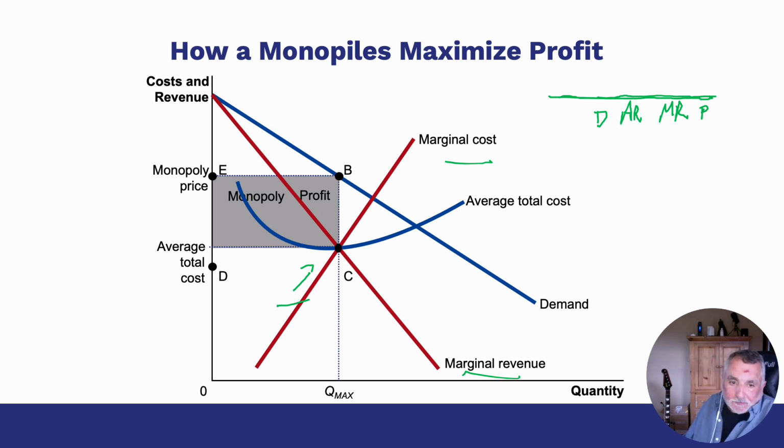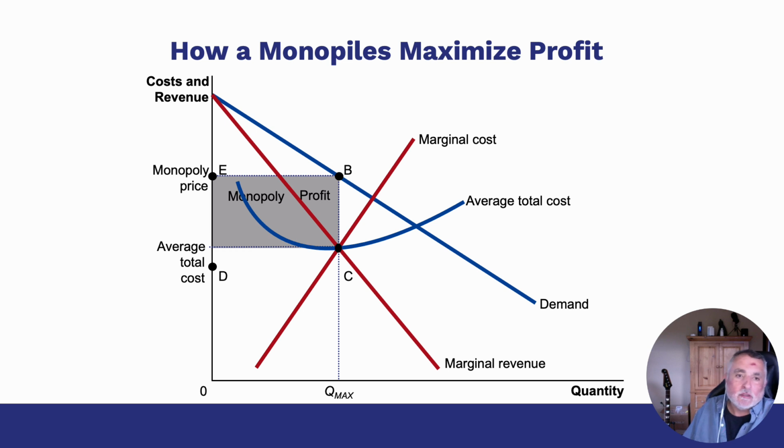All right, so that being said, they produce up to where marginal revenue and marginal cost intersect, for the same reason as the perfect competitor. So they would produce up to point C. Now, what they have to do is figure out what price they should charge. Well, they have a demand curve just like the perfect competitors. It's just that the price isn't set like it is for them.